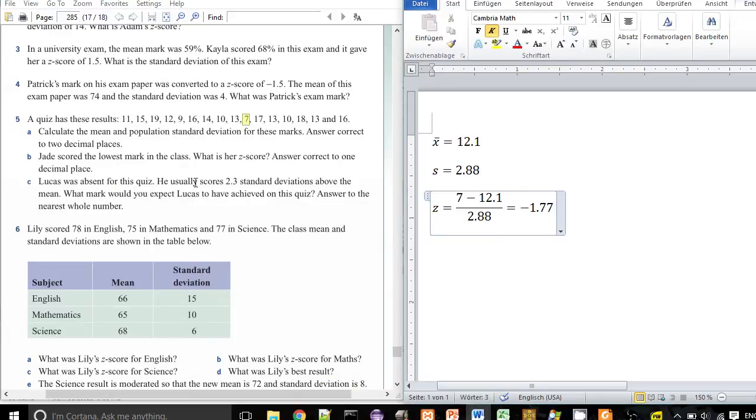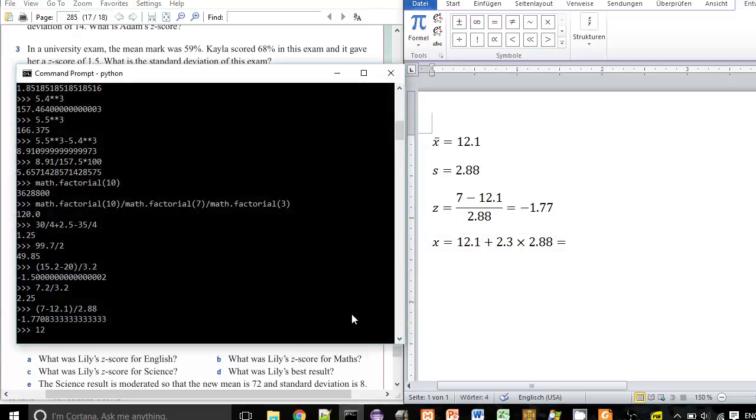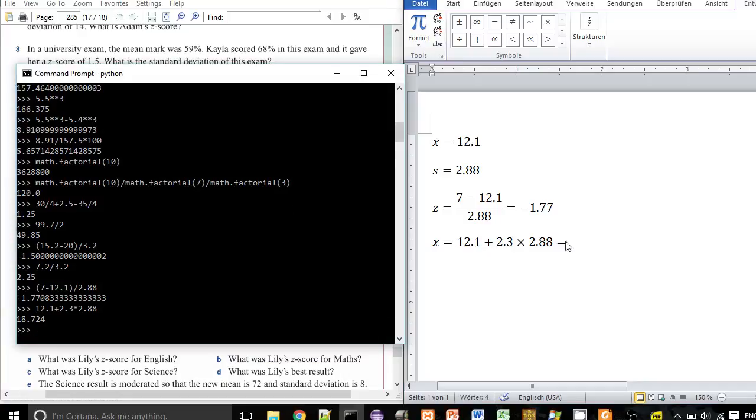Okay, so if his Z score was 2.3, his mark should be, take the mean, 12.1, and then add 2.3 lots of the standard deviation. Again, this is all just estimate, but the formula is correct. 18.724.